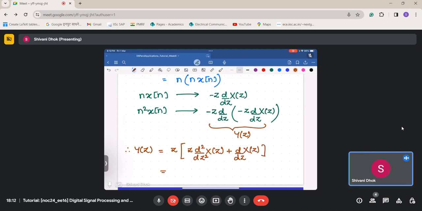So this comes out to be z square into d2/dz square X(z) plus z into d/dz X(z). So this is my Y(z), where this quantity here was my y(n). Therefore this is the Z transform of this particular signal, which is n square into x(n).